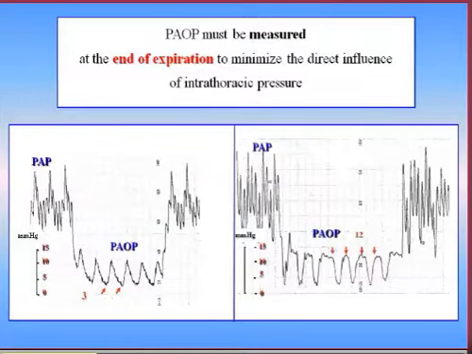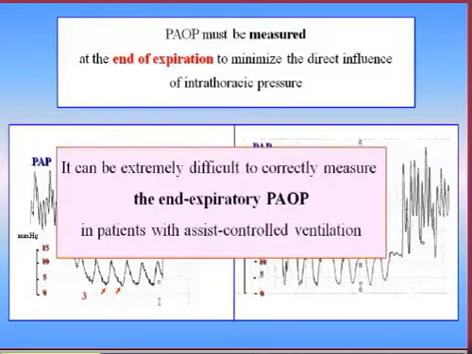In a patient with spontaneous breathing activity, it is also easy to measure the end expiratory value of wedge pressure, which is 12 in this example. But sometimes it is difficult to correctly measure the end expiratory wedge pressure in patients with assist control ventilation, in patients who trigger the ventilator, etc.